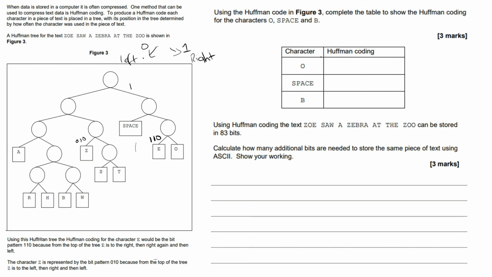So O is here. So I'm going right, right, right. So I've gone right 3 times. So it's 1, 1, 1. Space is here. So I've gone right and then I've gone left. So it's 1, 0. B is there.